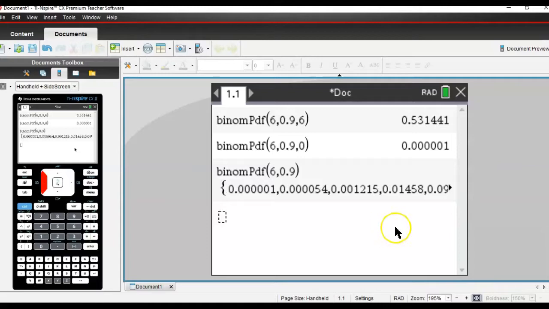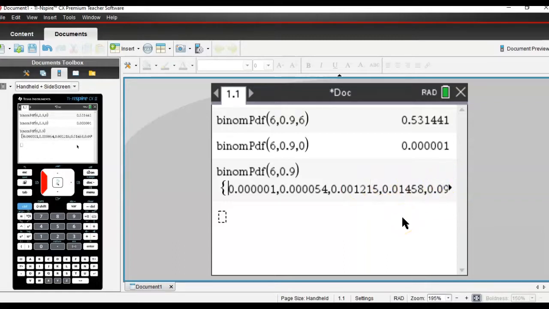Look at that. If you do not put in a number of successes, the calculator happily obliges by giving you all possibilities. The first number before the comma is the probability of 0 successes out of 6. The second number is the probability of 1 success out of 6, and 2 successes, and 3, and 4, all the way on up.